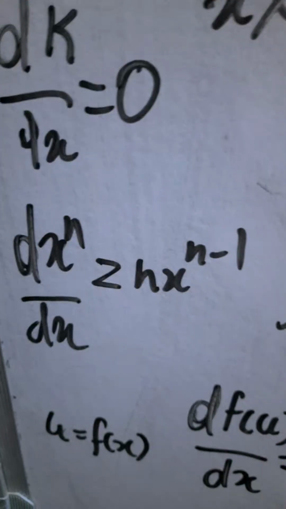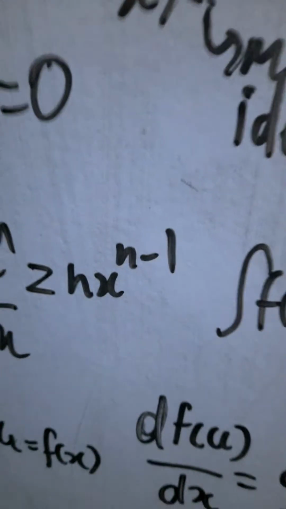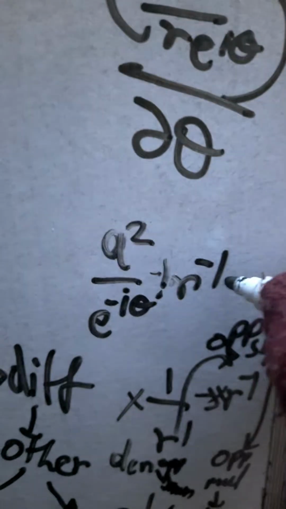So what we have is r raised to minus 1. Now I take the derivative of this using the formula d by dx of x raised to n equals n x raised to n minus 1. Here r raised to minus 1, so minus 1 is n if we compare. This raised-to thing became the coefficient, minus 1, and the power is reduced by 1.